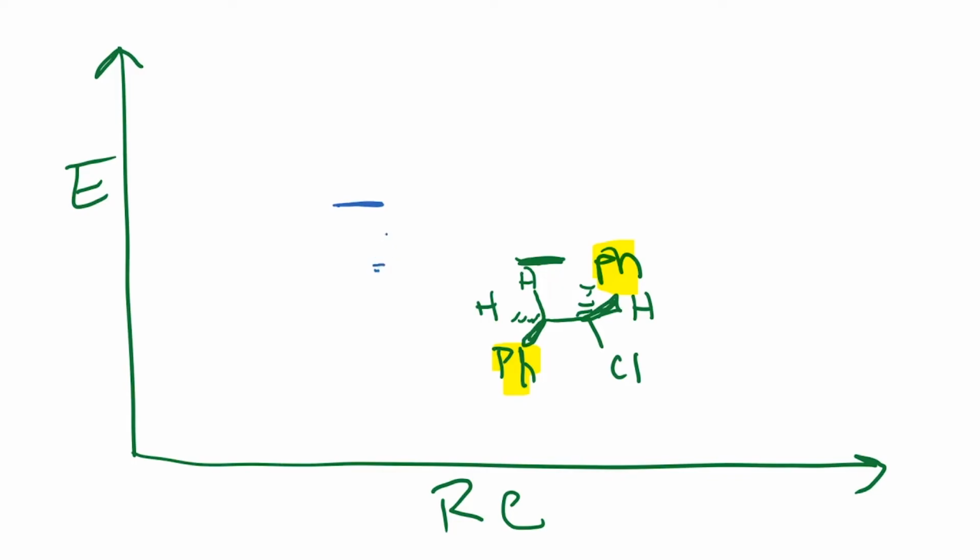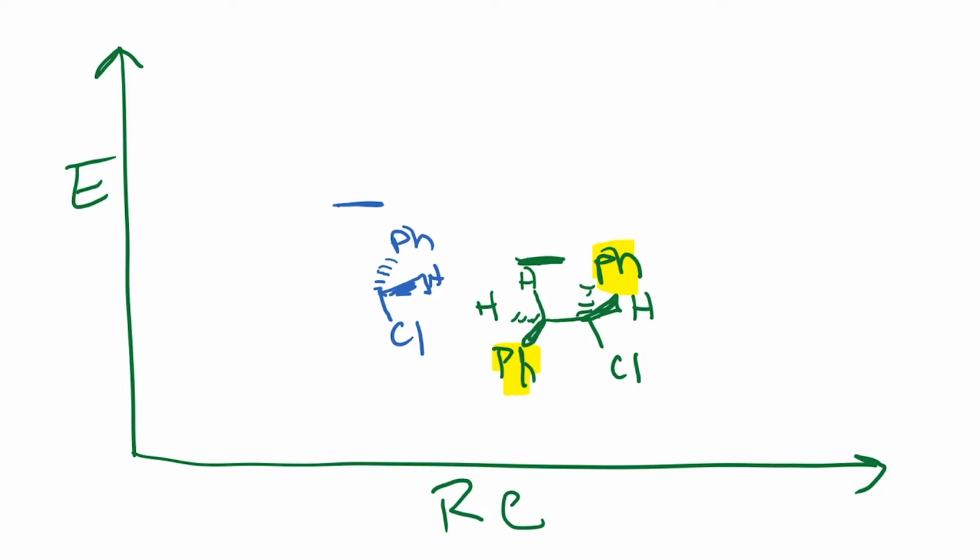So you have the phenyl ring, and then, sorry, let me redraw this. It's a little difficult to read this handwriting. I'm just trying to put everything on this page so that we can have the complete figure. So this is the carbon, this is the hydrogen, and this is the Cl.